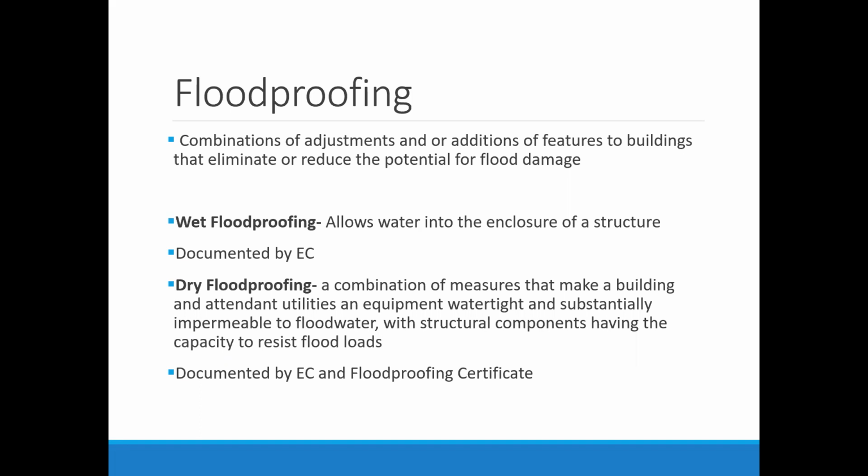So it's kind of a misnomer to call them both floodproofing, but it applies in a different way. So this is a combination of measures that make a building and the utilities watertight and substantially impermeable to floodwater. So now we're doing everything we can to keep water completely out of the building altogether.